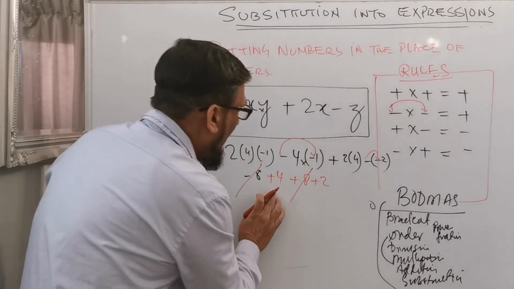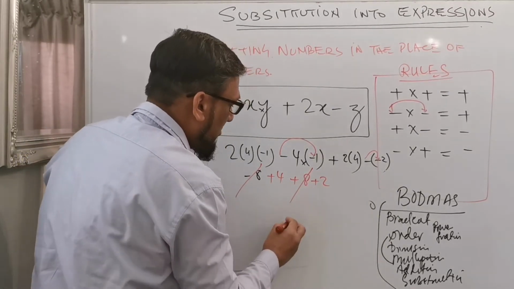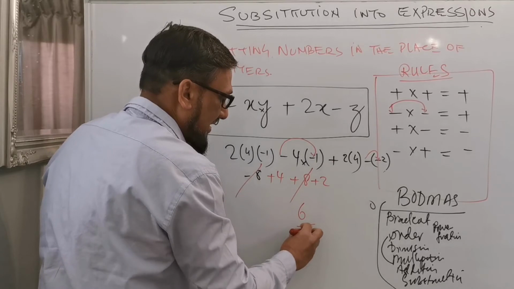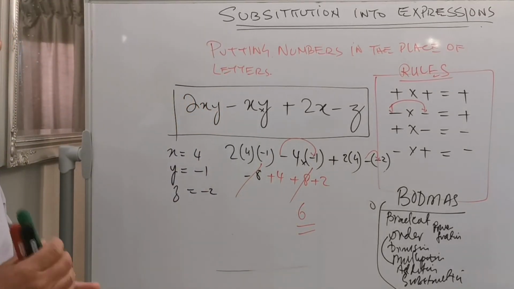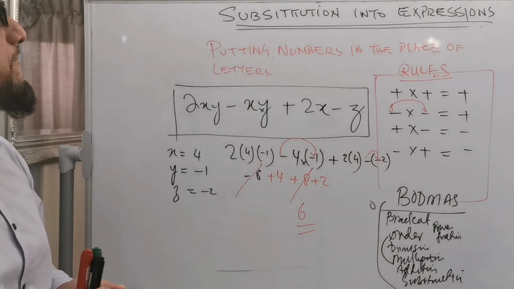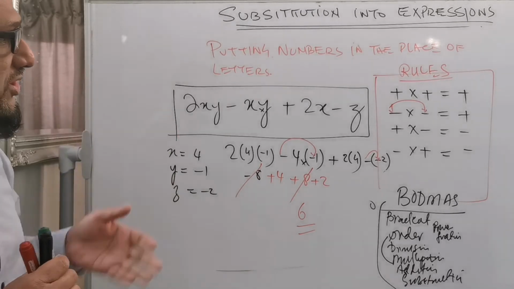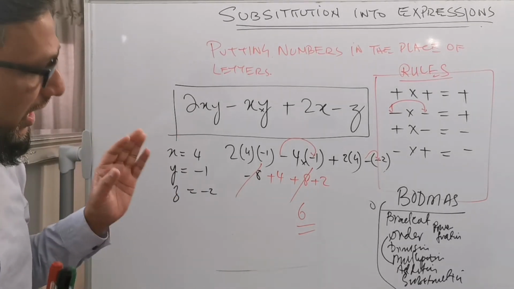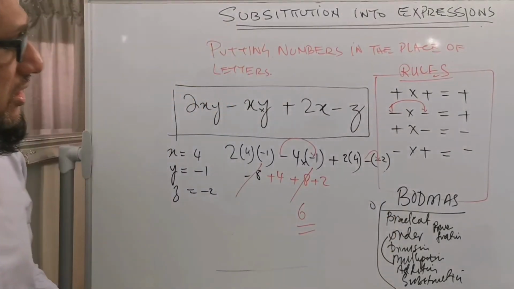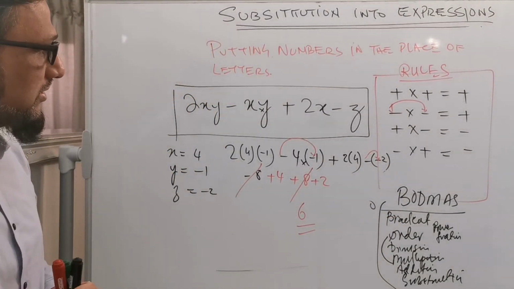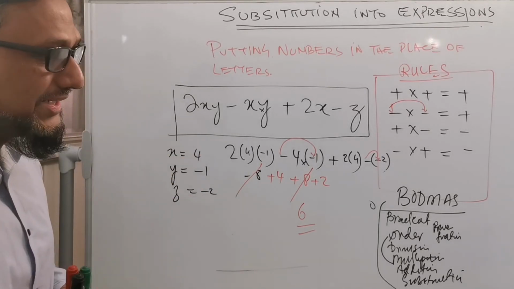Then add these two numbers, plus 4 plus 2, so the answer is 6. Whenever you are solving substitution, you have to consider these rules, especially BODMAS and plus and minus, so you can solve easily.